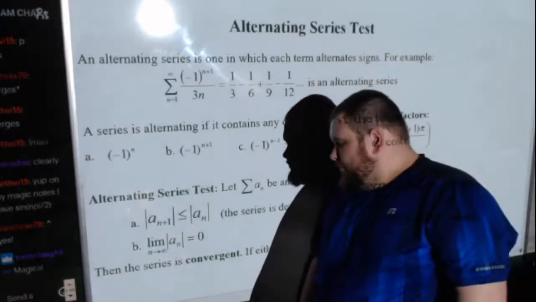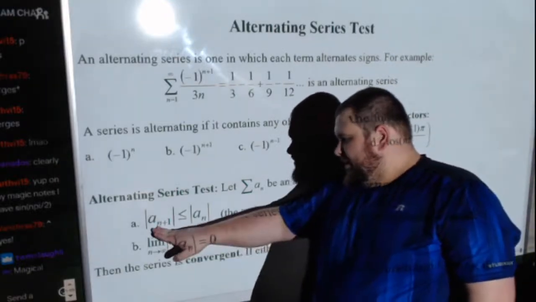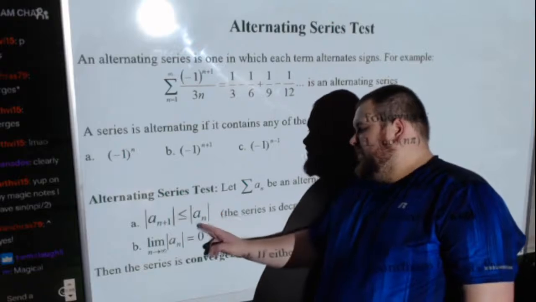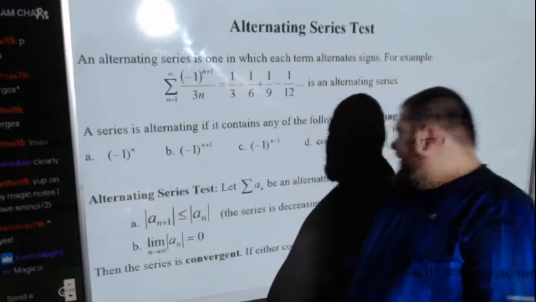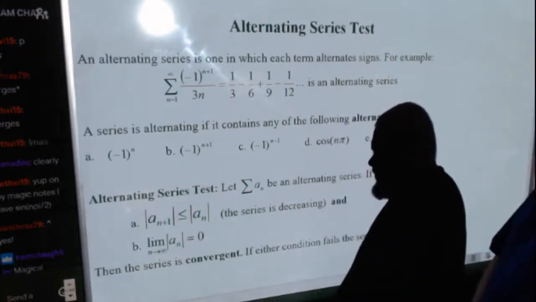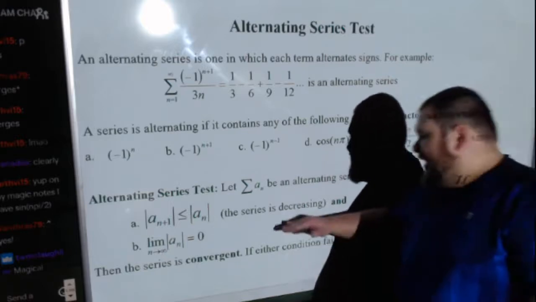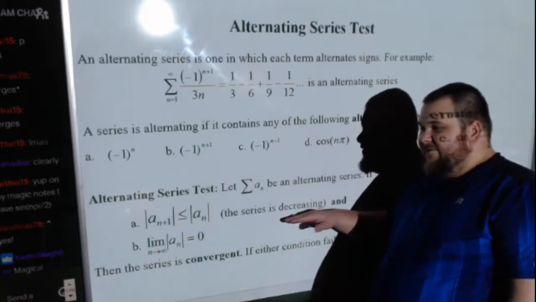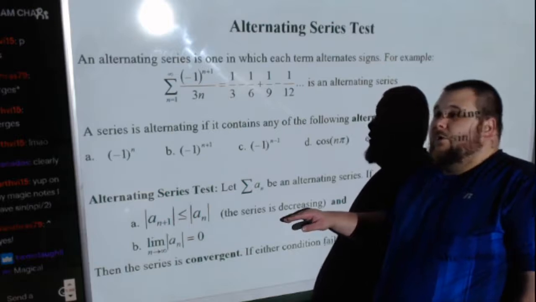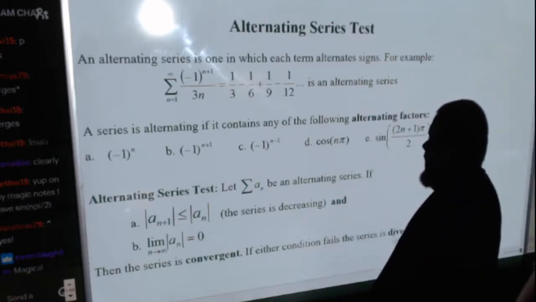What does that mean? Well, that means that the term that comes next has to be smaller than the term that came before it. And how can you satisfy that for me? You can plot it and show me that it's a decreasing function. You can also use calculus to do so by taking the derivative.